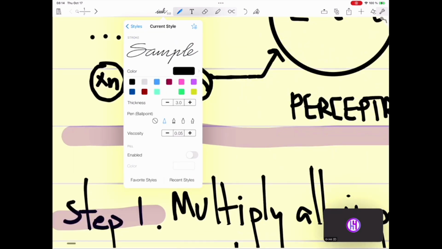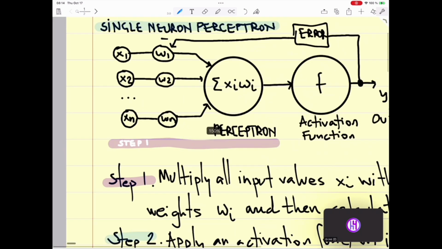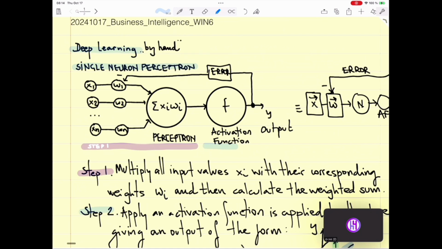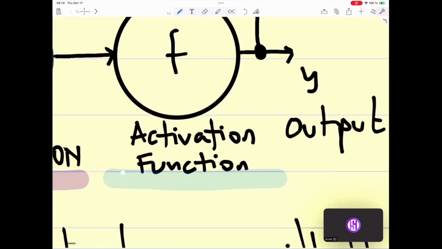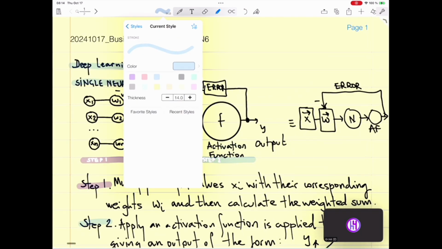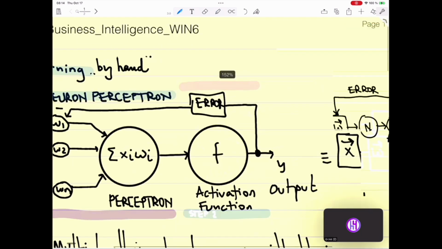This is step 1. Then we have step 2, the activation function. Okay. And then we're going to have step 3, which is going to be the error correction.